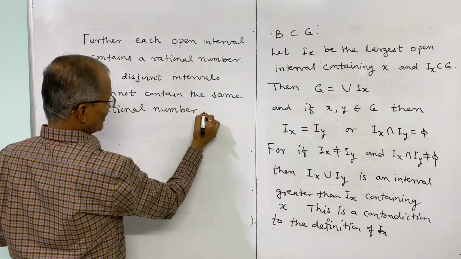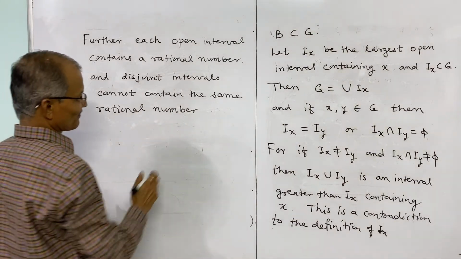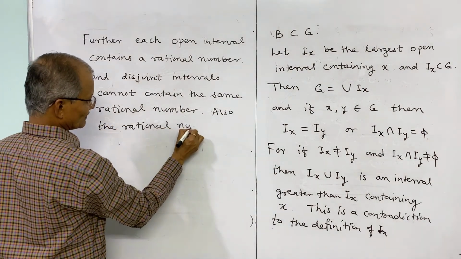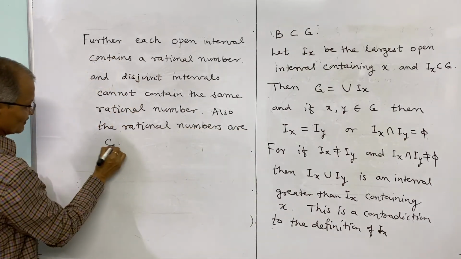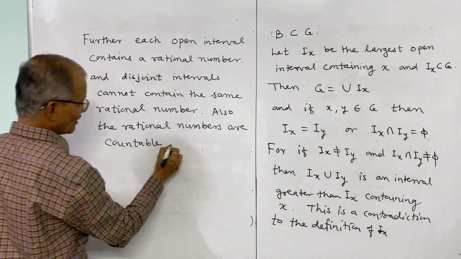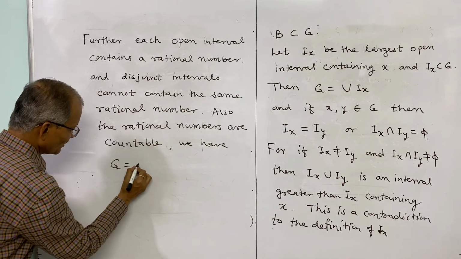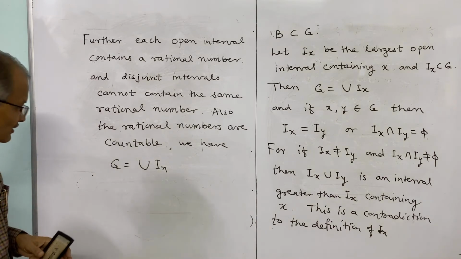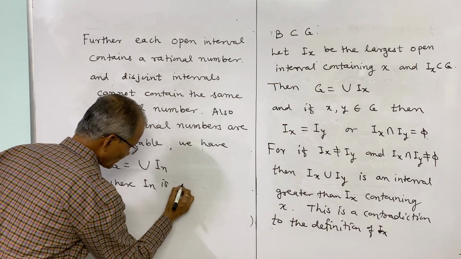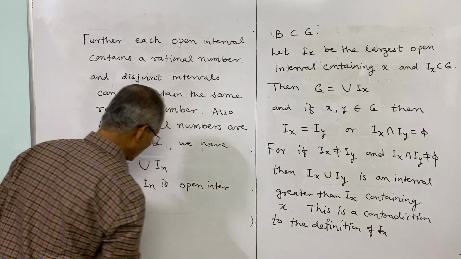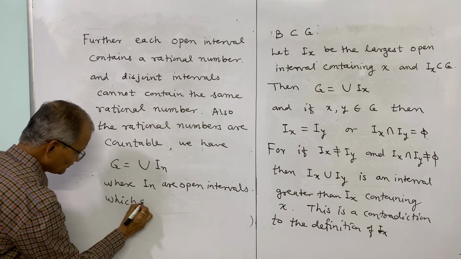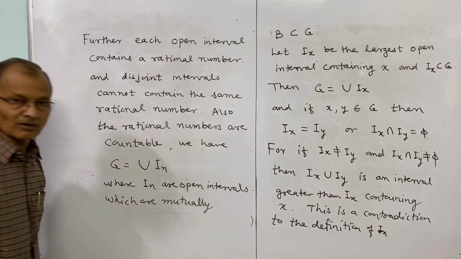Since the rational numbers are countable, we have a countable number of unions, and G is covered by these countable number of open intervals In, where the In are open intervals which are mutually disjoint. And this is what we wanted to prove.